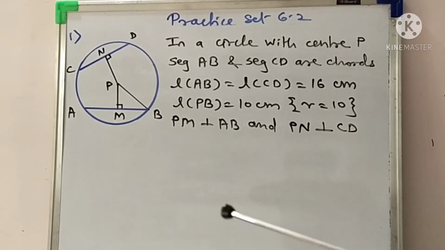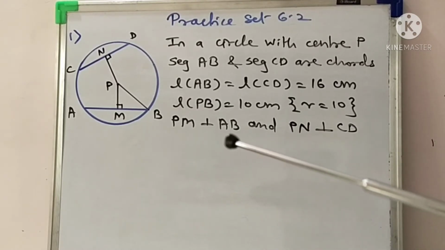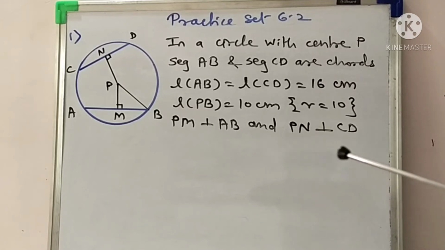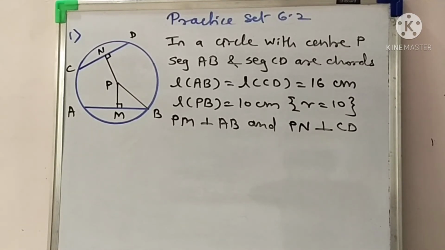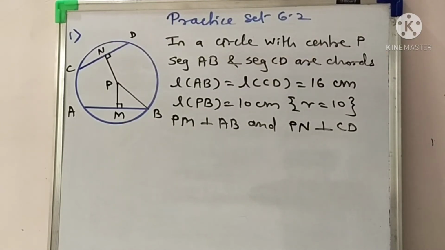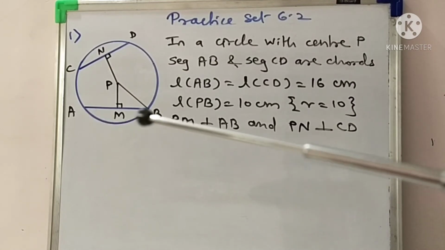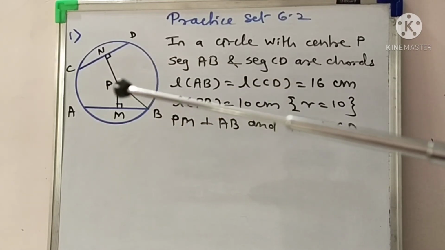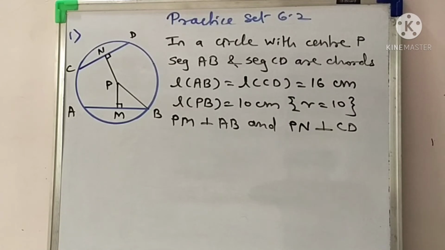We draw two perpendiculars, PM perpendicular to AB and PN perpendicular to CD, because the question is to find the distance of these two chords from the center of the circle. Means PM and PN are the distances of chords AB and CD respectively from the center P.